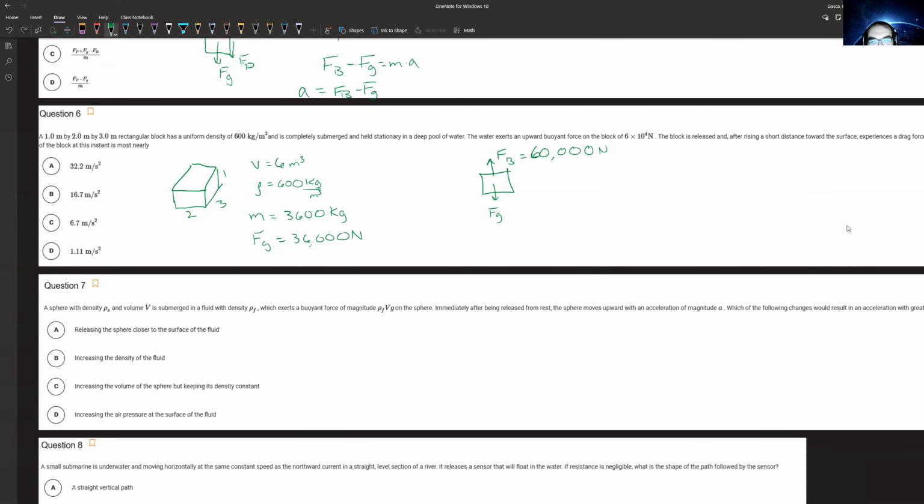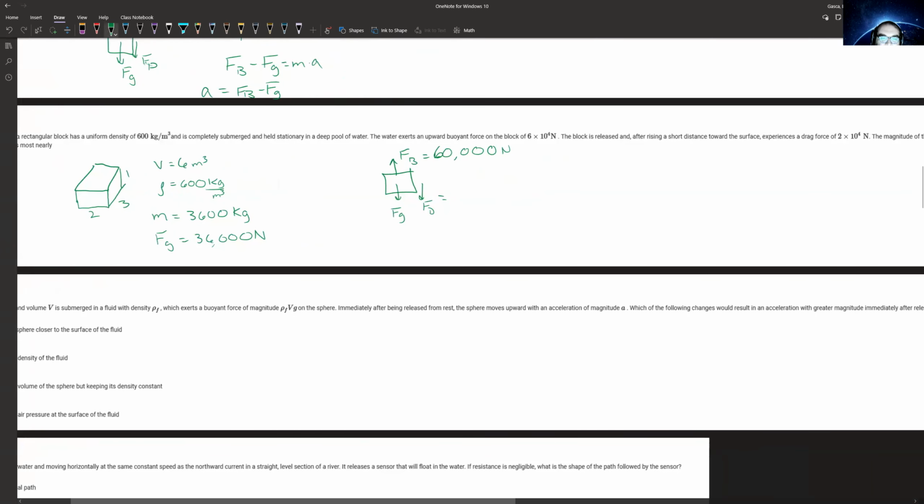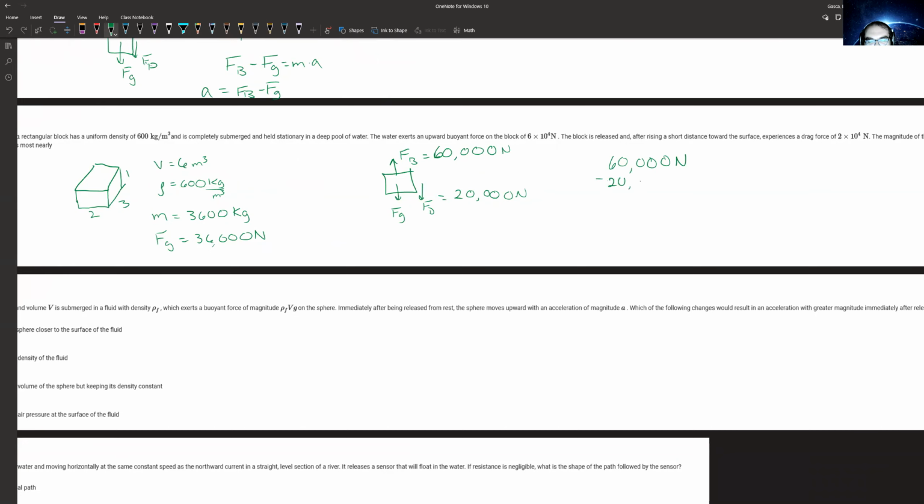Now, when the block is released and after rising a short distance toward the surface, it experiences a drag force. So this bad boy is rising. So the drag force is going to be downward with the magnitude here that they gave us, 20,000 newtons. Okay. So our net force is going to be the 60,000 from the buoyant force minus the 20,000 newtons from the drag.